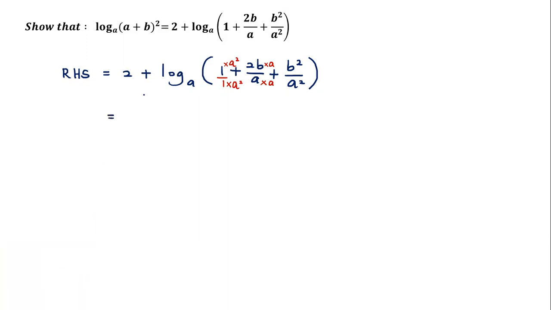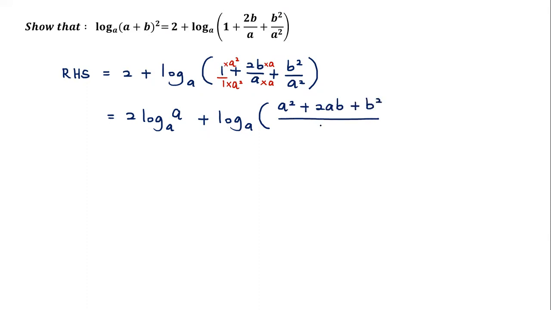Next, I'm going to insert log a a. You can do that because log a a represents 1, so we never change the value of the 2. Plus log a, and this whole thing becomes a single fraction: a square plus 2ab plus b square over a square.